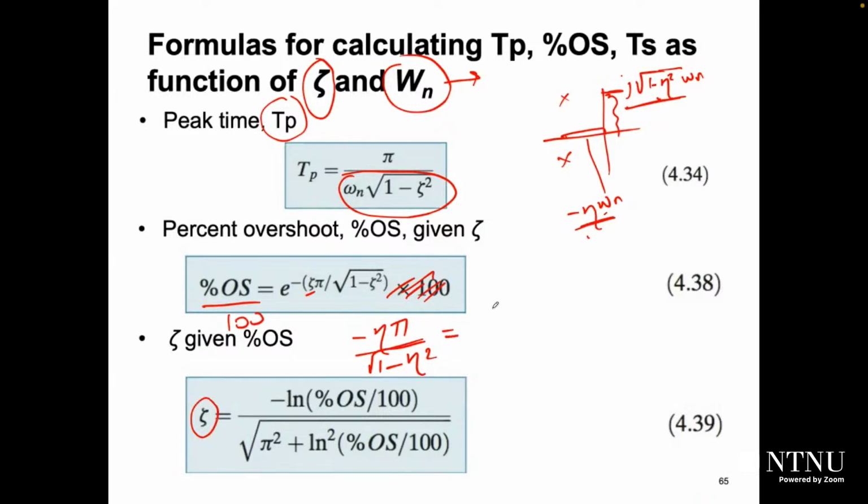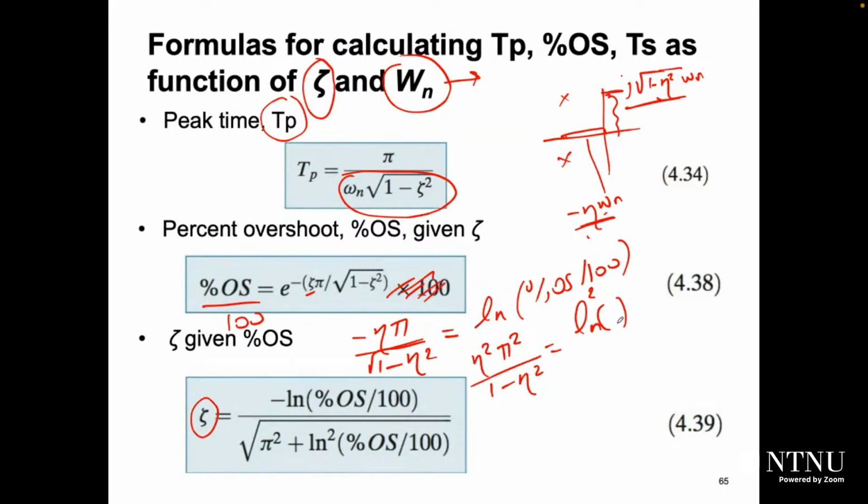So it will be minus zeta pi divided by square root of 1 minus zeta square equal to ln of percentage overshoot divided by 100. Now we need to find zeta, so square both sides. It will be zeta square pi square divided by 1 minus zeta square equals ln square, I will call it ln square to simplify.